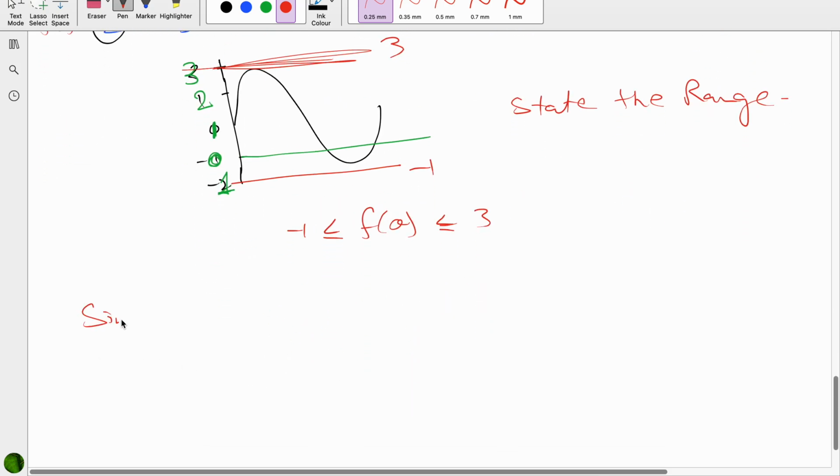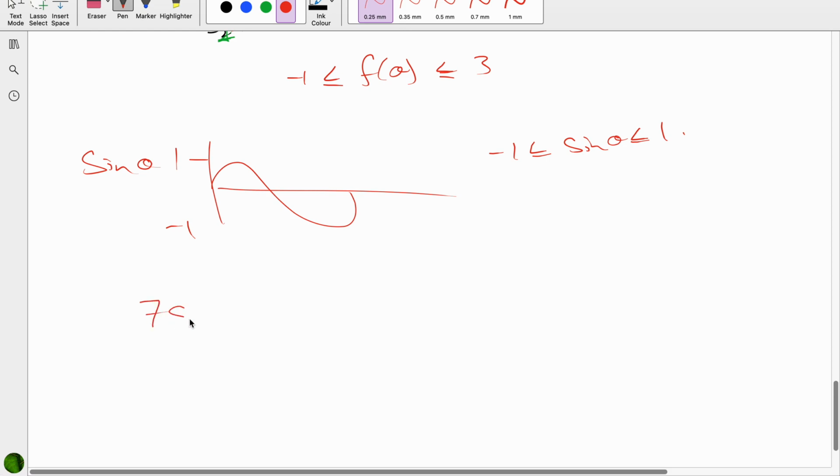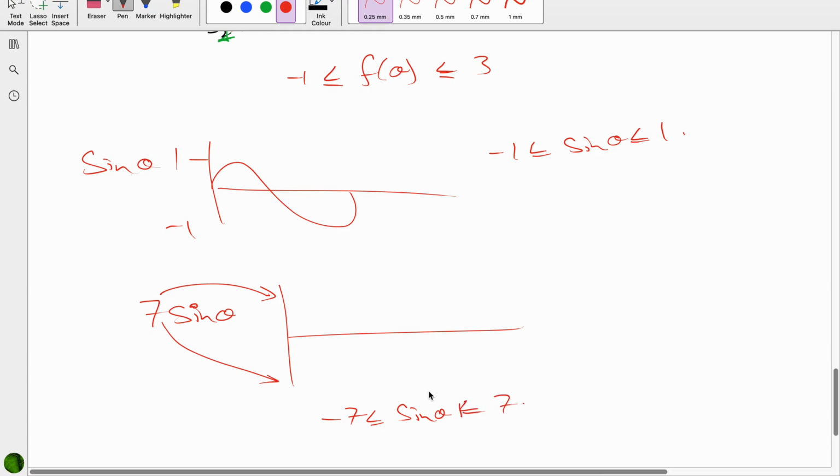For instance, for sine theta, we knew that it was 1 and minus 1. So range of sine theta is minus 1 less than equal to sine theta less than equal to 1. So for any graph, for example 7 sine theta, we know that it would be from plus 7 and minus 7. So range would be minus 7 less than equal to sine theta less than equal to positive 7.